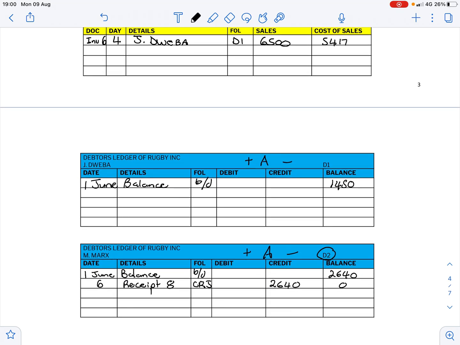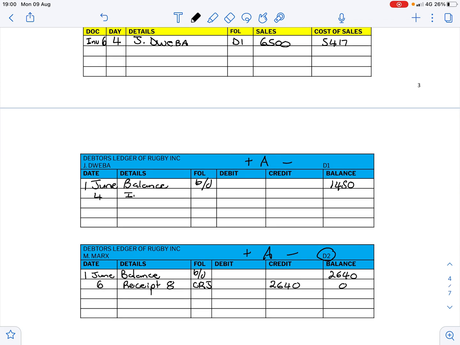We then need to go to his debtors ledger. On the 4th, we have invoice number 6. Okay, he's purchasing from us for 6,500 Rand. So we debit his account and we add that to his balance. So what he owes us currently is 7,950 Rand.